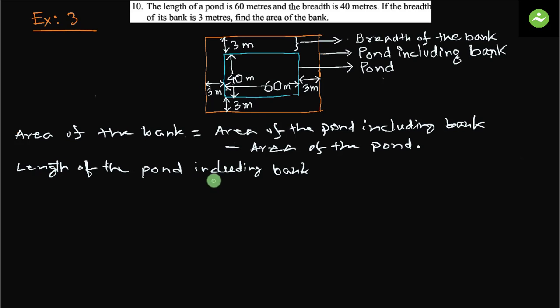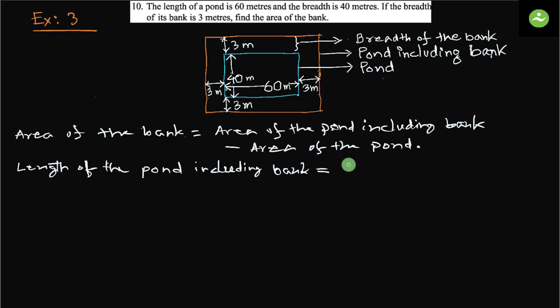So length of the pond including bank. How we can find out? We add 3 meter on both sides. We add 3 meter to what? To the length of the pond. This is the length of the pond. It is 60 meter. Add 3 meter on the right, add 3 meter on the left. So that is the length of the pond including bank.